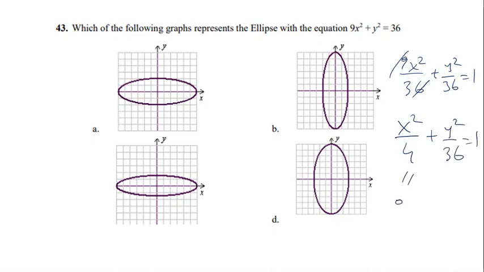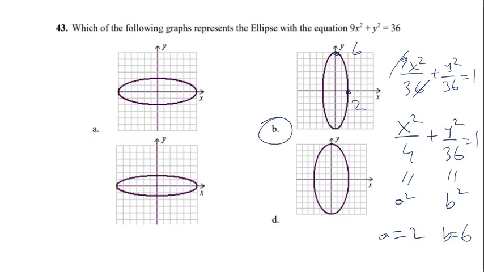Now this is a squared and this is b squared, so a should be equal to 2 and b should be equal to 6. A is on the x-axis, it's 2, and b is on the y-axis, it's 6. So it has to be b.